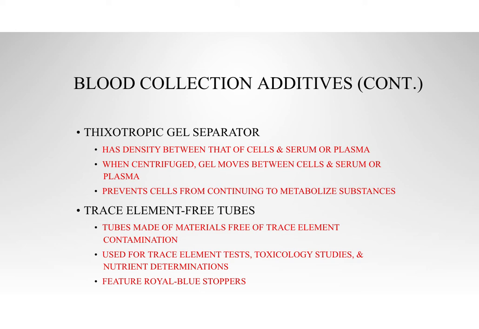So we are going to draw certain metals, certain toxicology, looking for poisons, things like that, in these special tubes that are free of any trace of those elements. Okay? That's all you need to know right now about those. We'll talk more about them later.